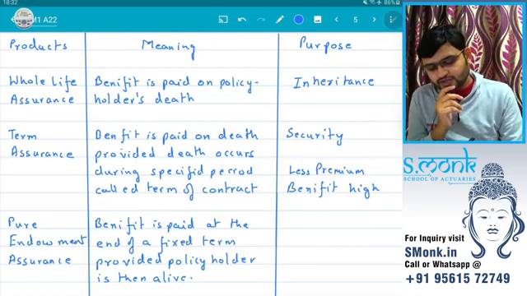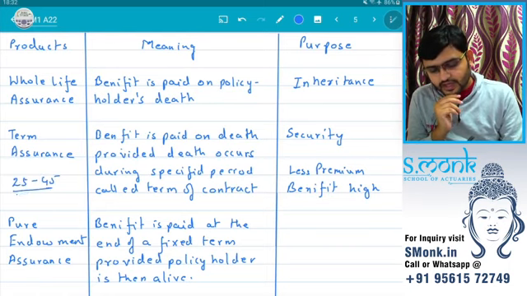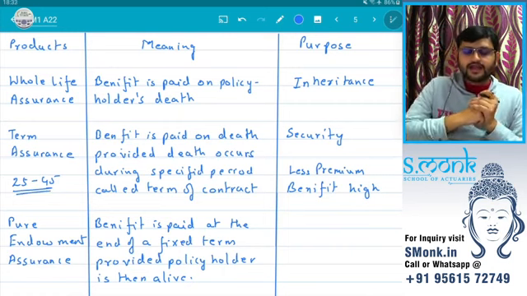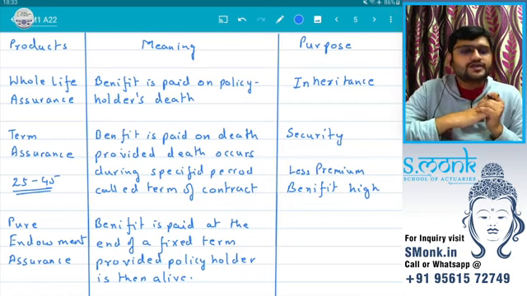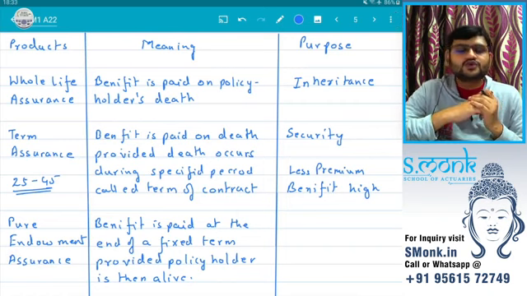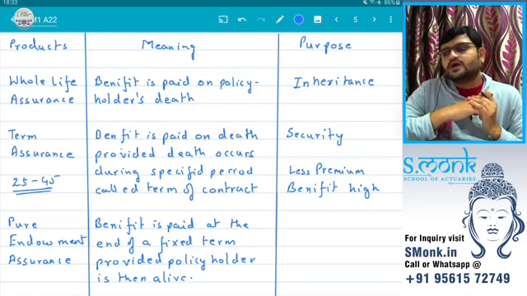So from 25 to 45, the chances of a person dying at that particular age due to health problems, due to some diseases, is very, very less.